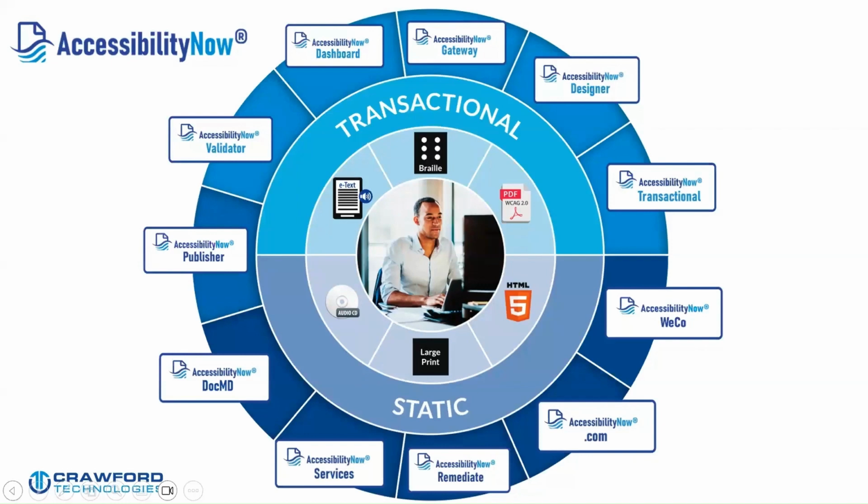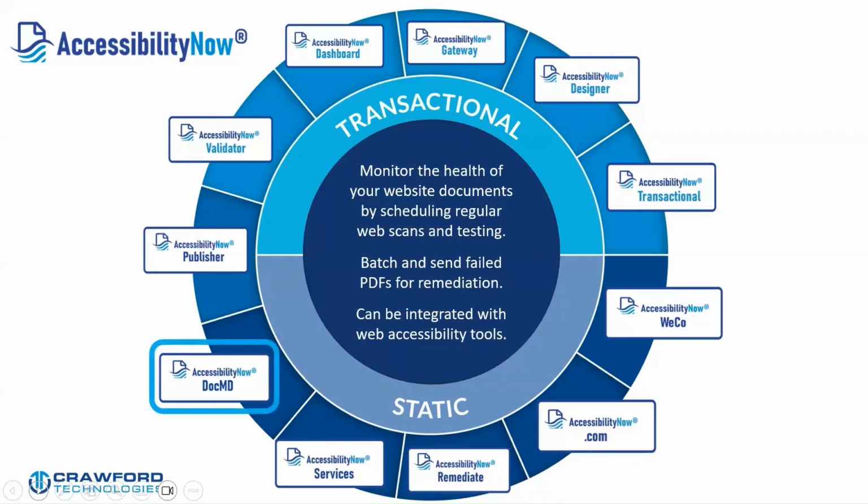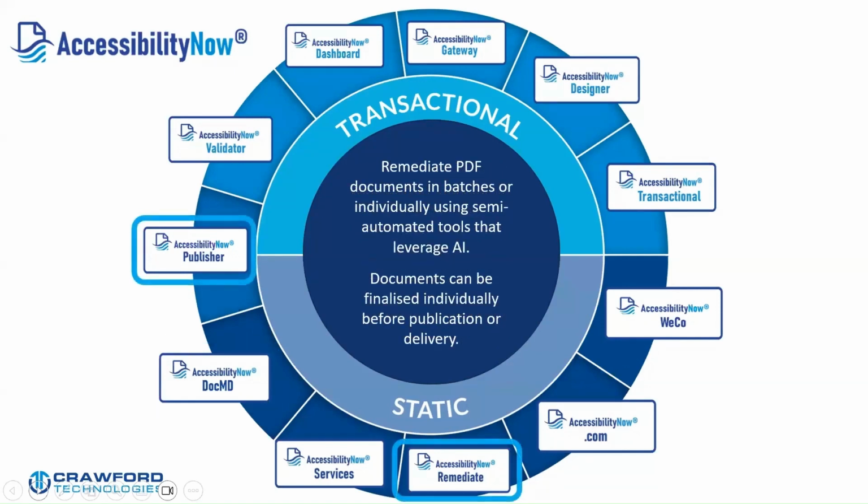And within our enterprise platform, Accessibility Now, we're able to cover both those types of documents and offer a couple of different solution pathways for people looking to ensure that the PDFs that they produce for their documents are accessible. So we start by, for static content, helping organizations to identify where the documents that they're displaying to the public are.